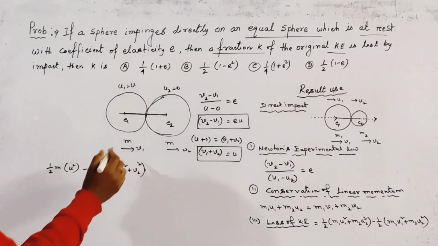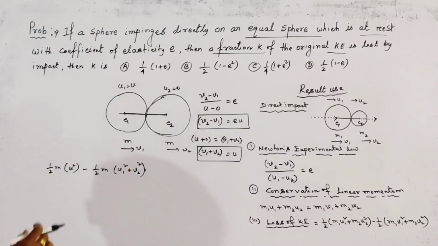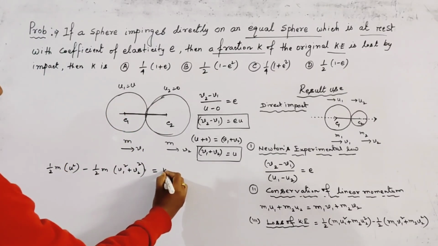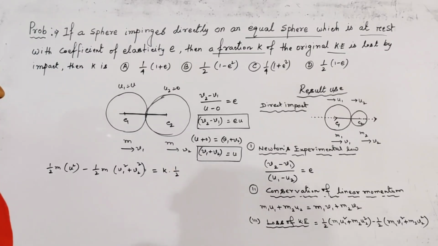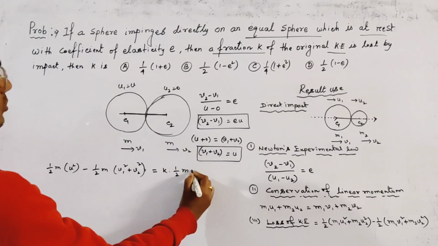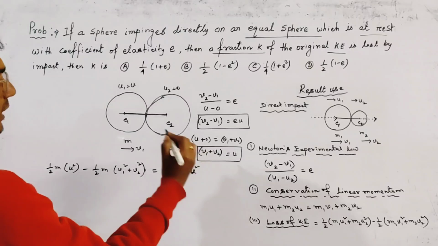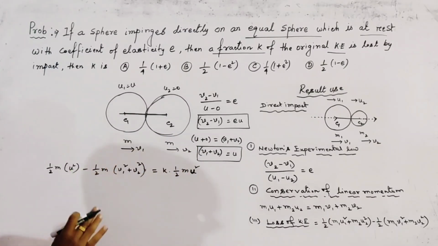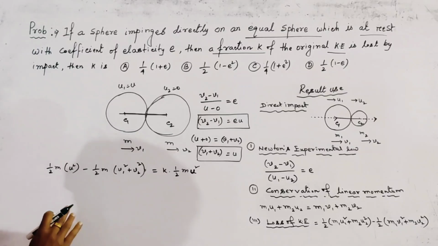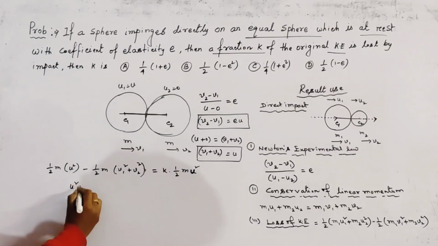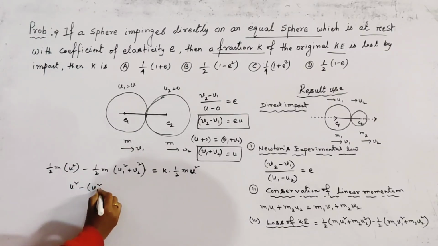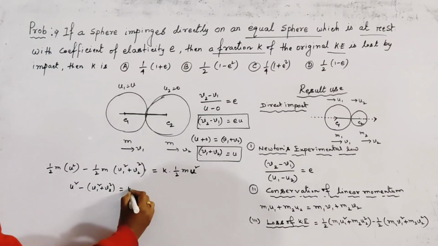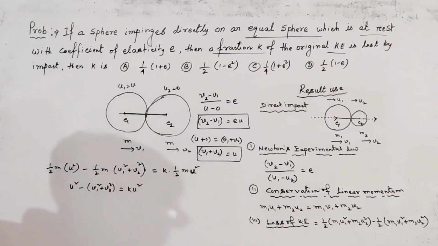Original kinetic energy means the kinetic energy before impact. So the loss is equal to k into half m u square. Now cancel m and half from both sides, and we get u square minus (v1 square plus v2 square) equal to k into u square.